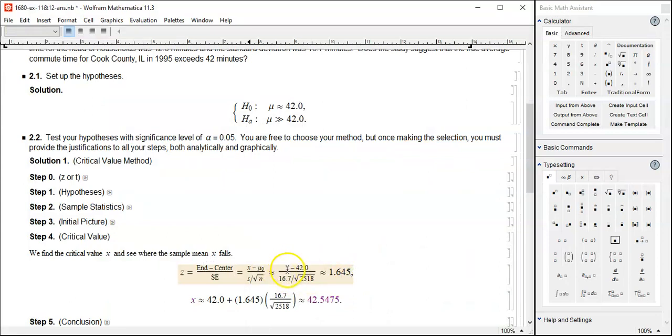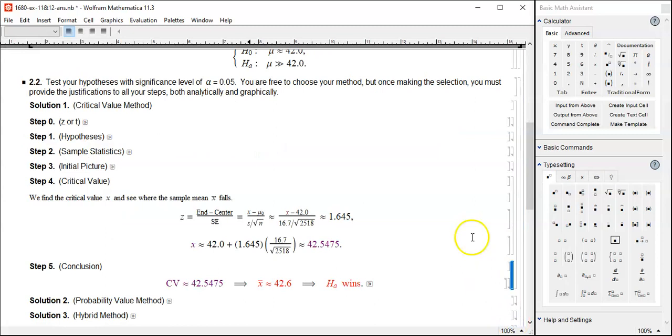And then solving for this x, again, flip this to the other side, multiply, and then flip that to the other side by adding up. And this is a computation we have, and here's the result, 42.54 something. Whew, very close to 42.6, but 42.6 is clearly greater than that critical value.